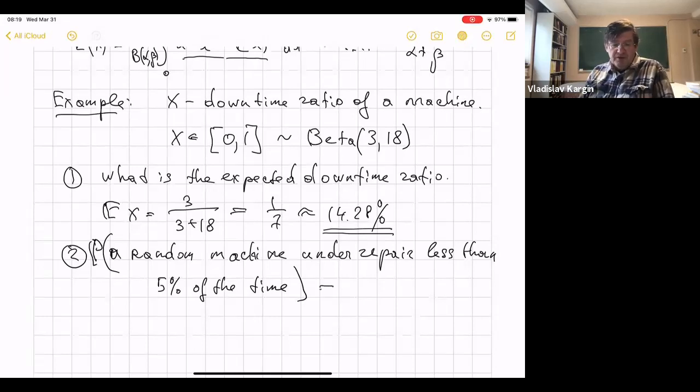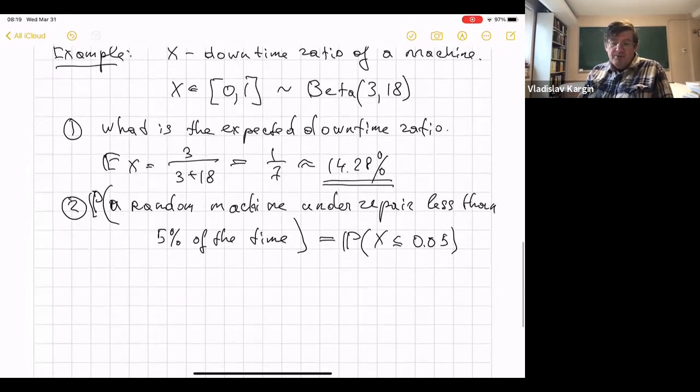This is clear. It says that we need the probability that x, the downtime ratio for this machine, is smaller than or equal to 0.05. You can see here that there is a small confusion: 5% is a proportion, and we are looking at x smaller than 0.05.